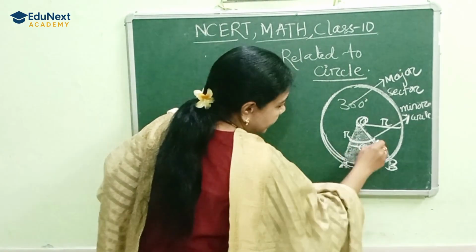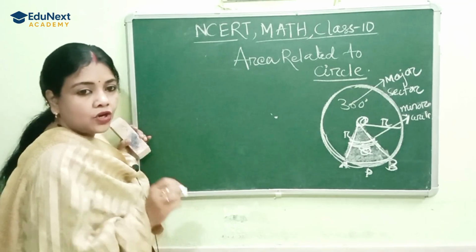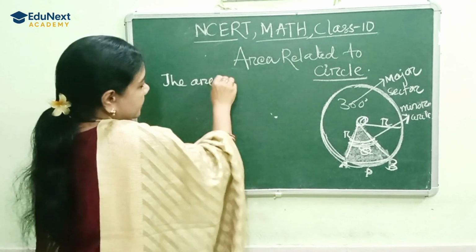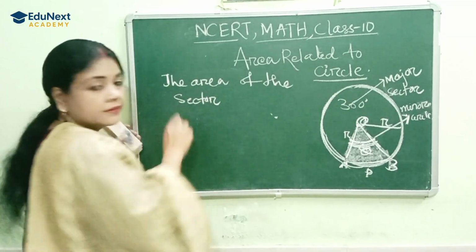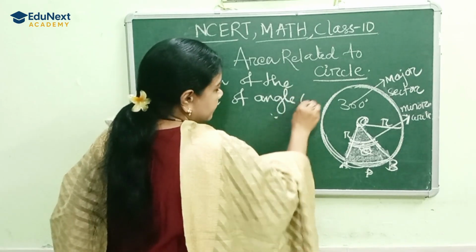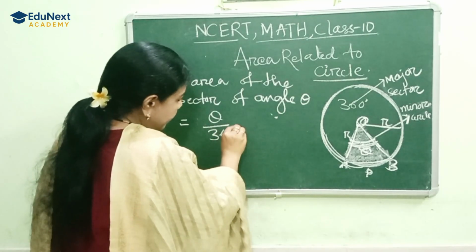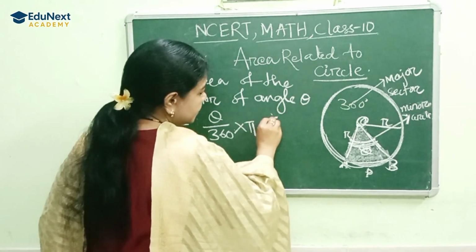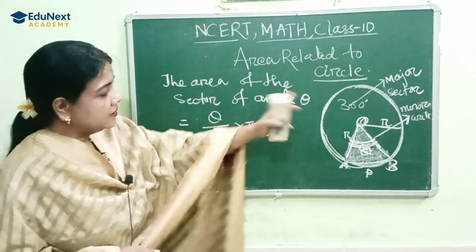Now if theta is the angle made by the sector, then the area of the sector of angle theta is equal to theta by 360 degree into the area of the whole circle, that is pi r square, where r is the radius of the circle.